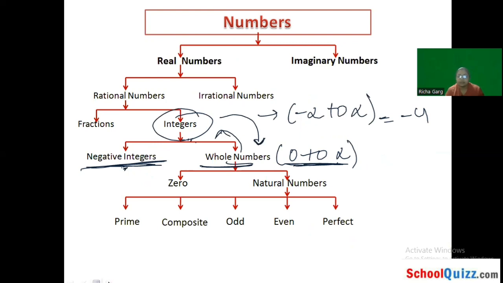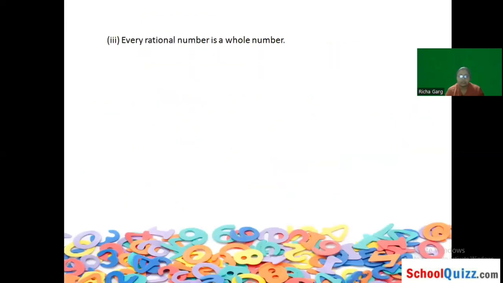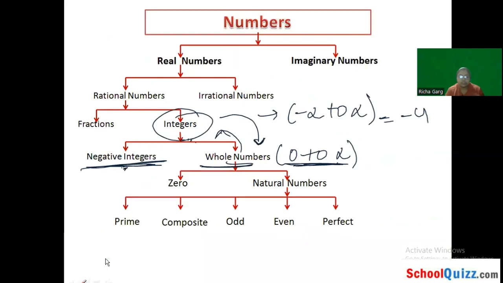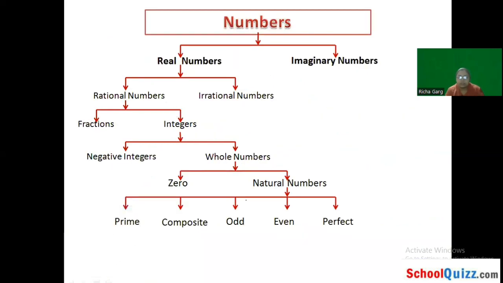Right? Okay. So the next statement we have is every rational number is a whole number. Let's see this now. Just see it yourself first. Every rational number, where are rational numbers? Is a whole number. Now, whole numbers is a subcategory of rational numbers, right? So, can every rational number be a whole number?